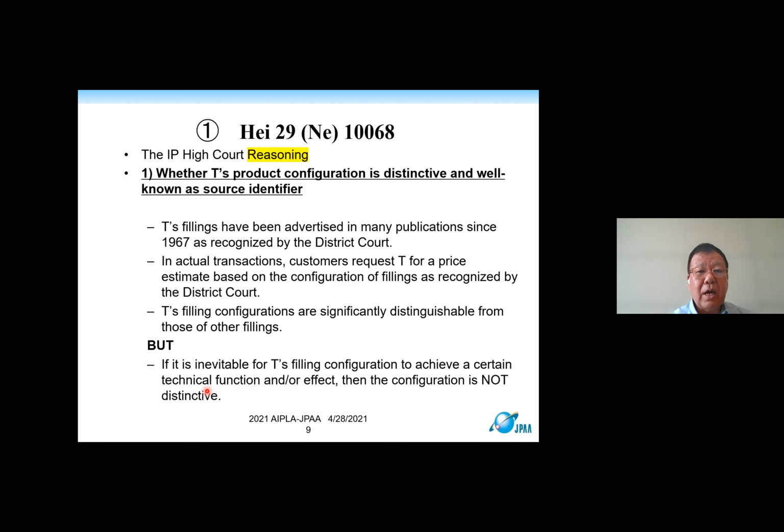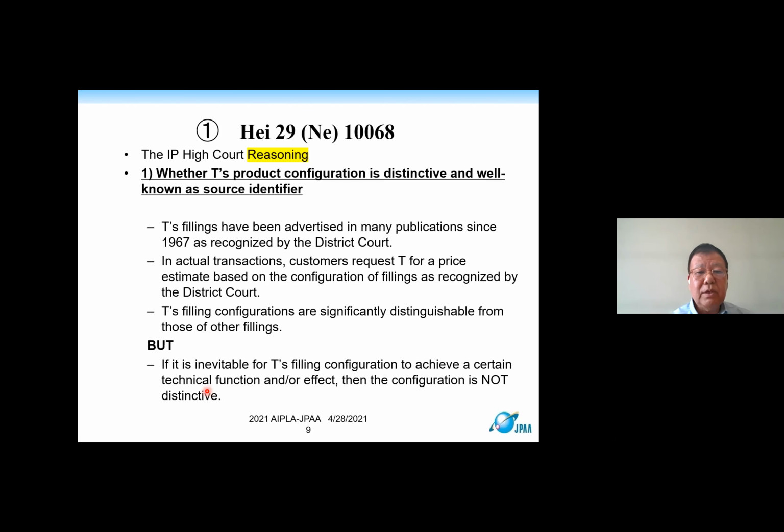Regarding the elements, first, whether Tsukishima's product configuration is distinctive and well known as a source identifier. Tsukishima's fillings have been advertised in many publications since 1967. And in actual transactions, customers request Tsukishima for a price estimate based on the configuration of the fillings.